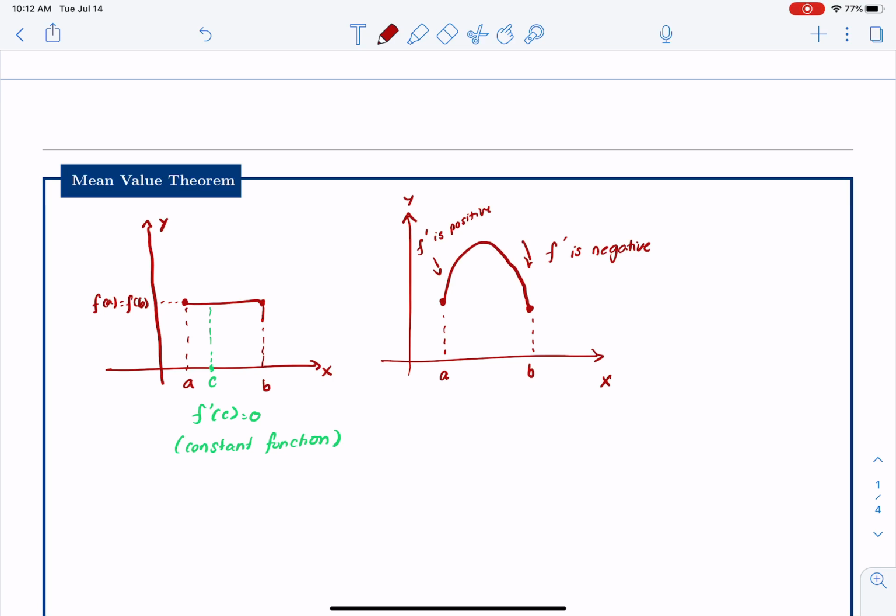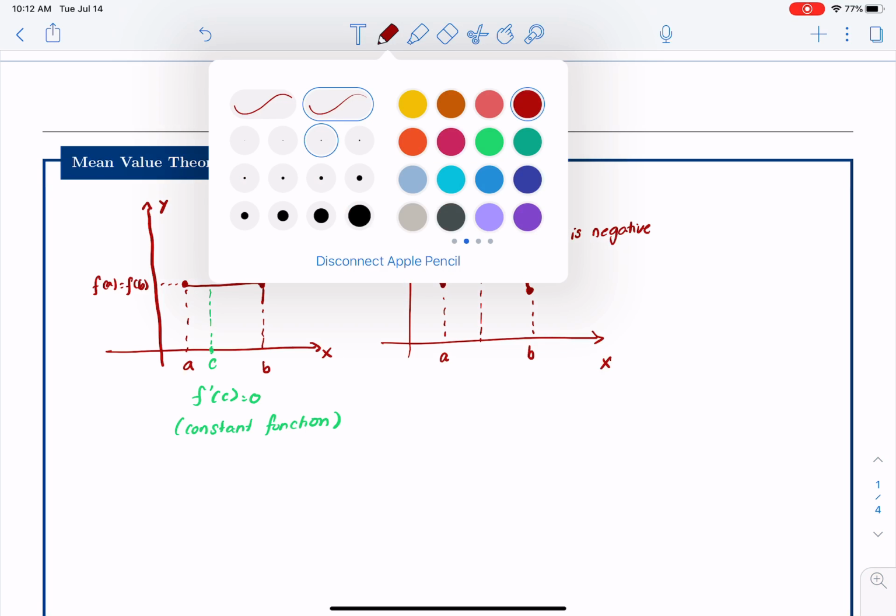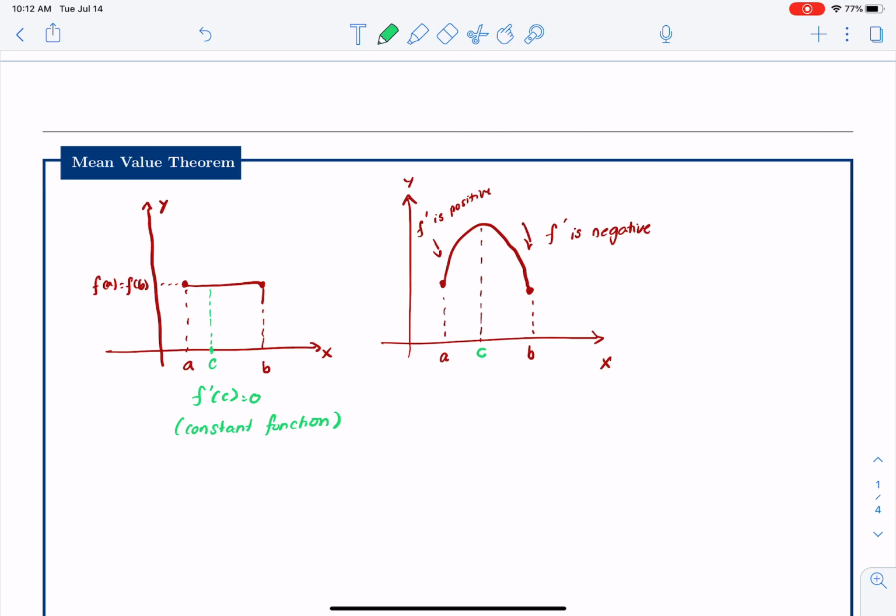So on the left-hand side, we have a positive slope. Right-hand side, we have a negative slope. So the derivative has to be positive on the left-hand side, and it has to be negative on the right-hand side. So clearly, there is a point c right in the middle where the derivative is 0.